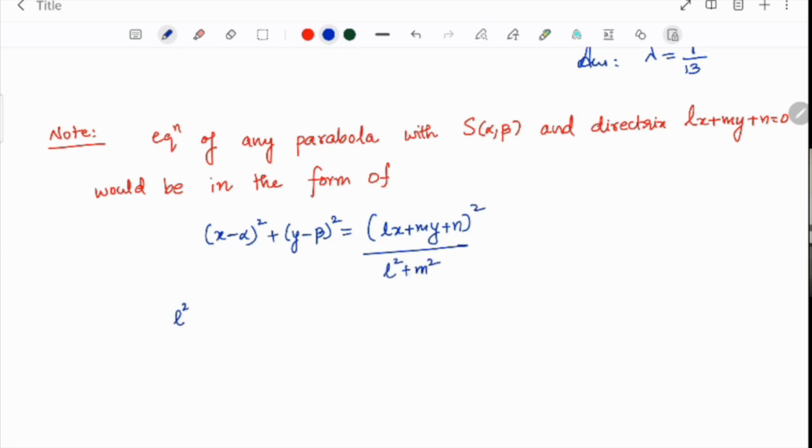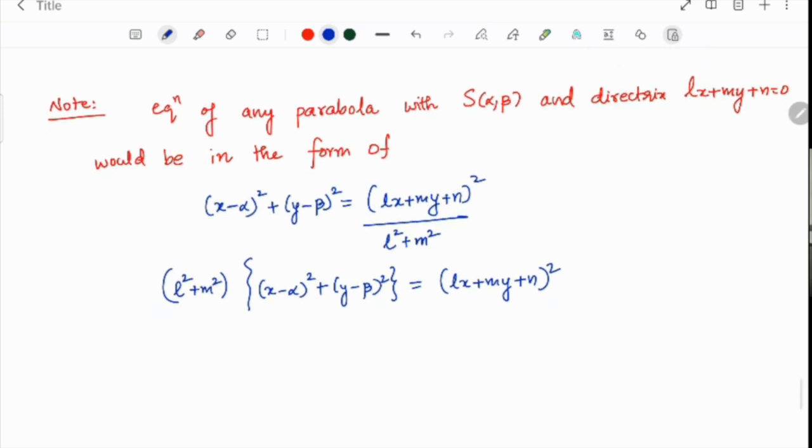Okay. Let's cross multiply. (Lx plus My plus N) whole square. So this is in form 1, right?